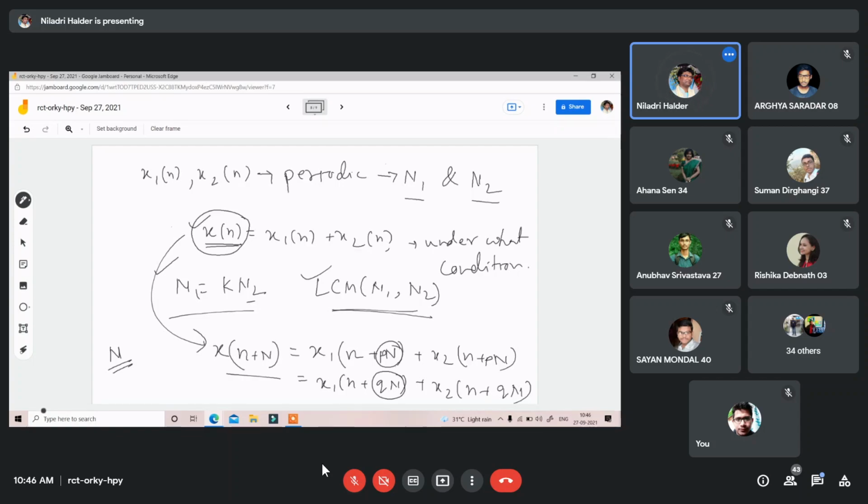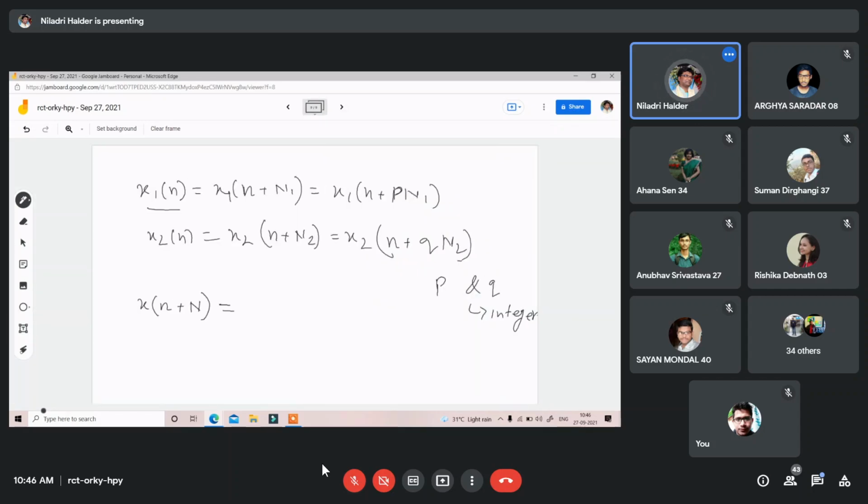Then the equation will become x1 n plus pN plus x2 n plus qN. x1 n plus pN means, obviously pN is N1, because for that sample you can consider N1 too.